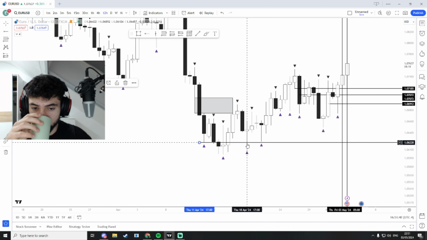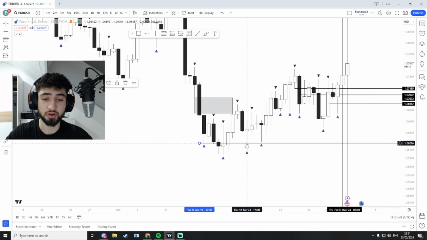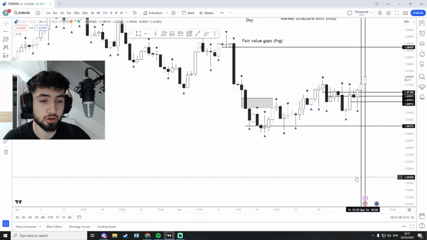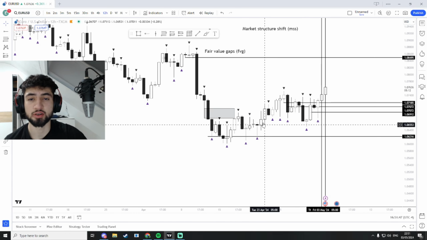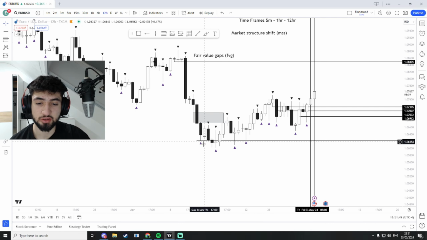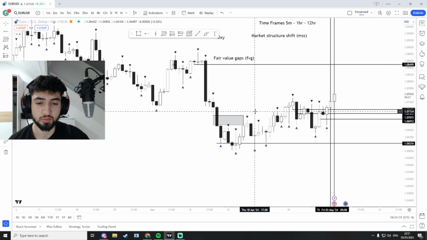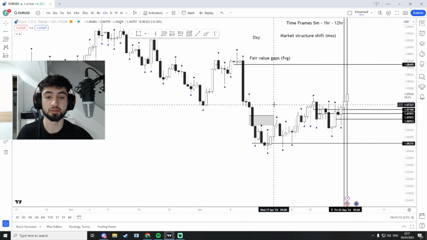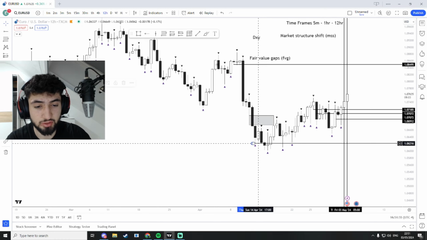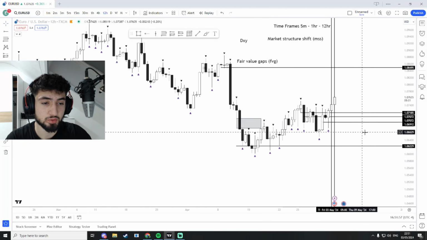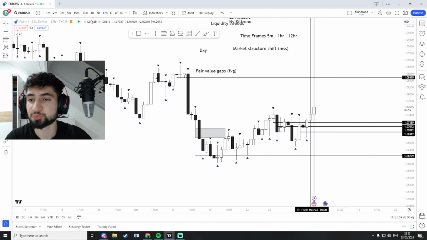But mostly I don't like trading at the lows or the highs of the 12 hour. So if price is at the low of a 12H candle, I will not want to enter for any sells here, for example, as you can see. So yeah, that's one thing.